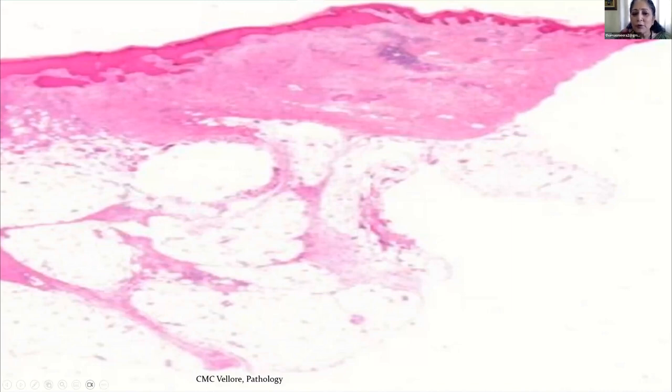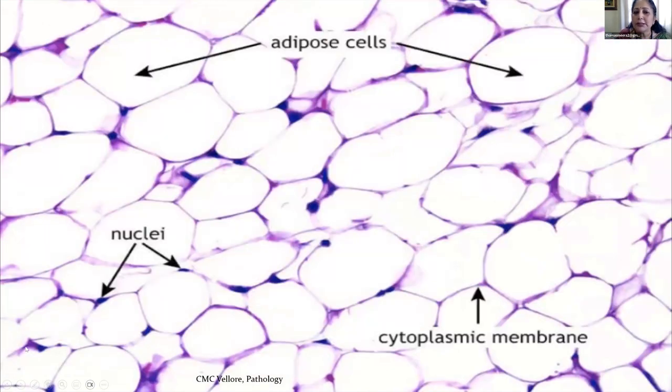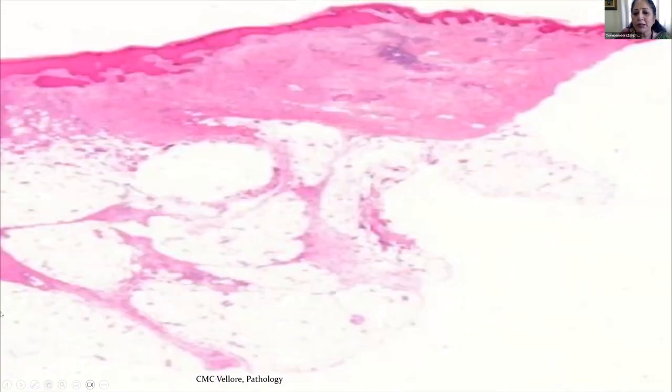So panniculus involves adipose tissue, which is divided. This is a nice mature adipocyte, which has the nucleus towards the periphery, nice pentagon shaped with a clear cytoplasm. They're divided into multiple lobules by thin fibrovascular septa.